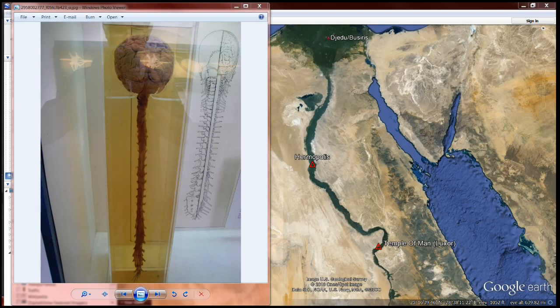Now, we're interested in starting at the sacrum. The sacrum is where the Temple of Man is located in Luxor, and that's located right here. And the sacrum would be considered your second chakra. The first chakra would be your root chakra.